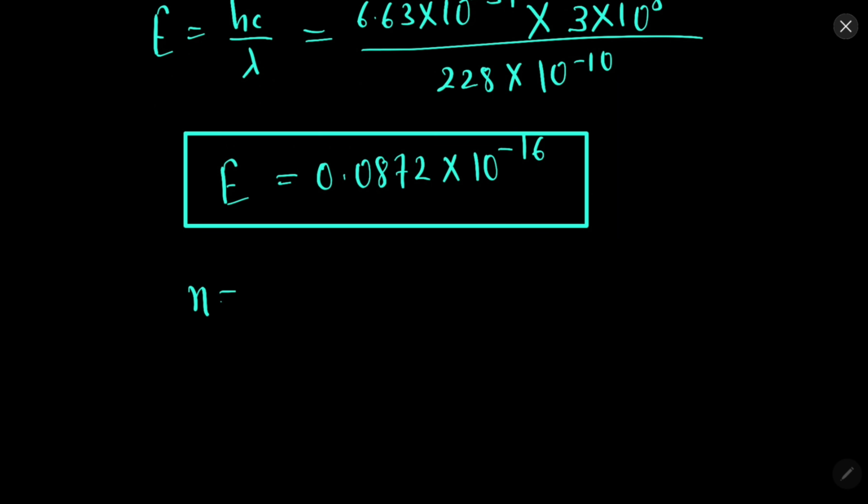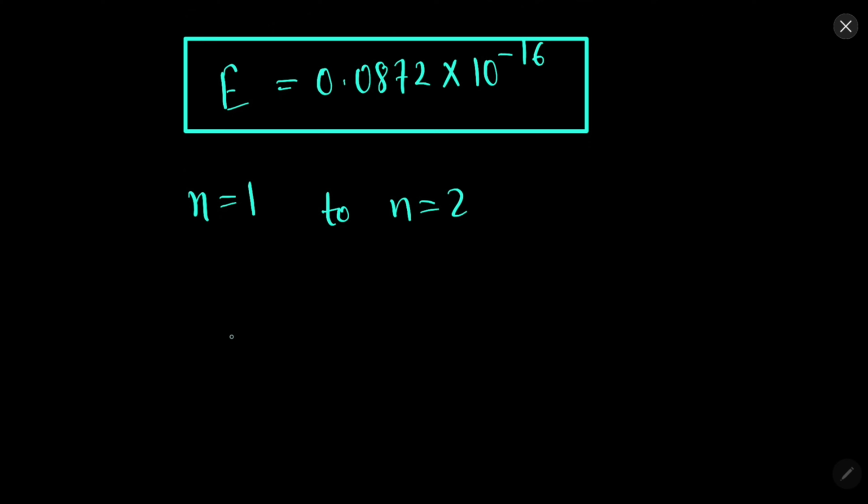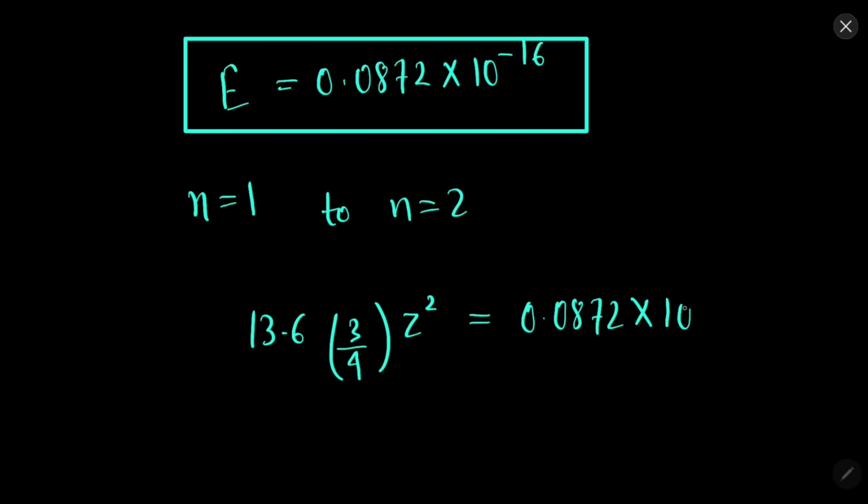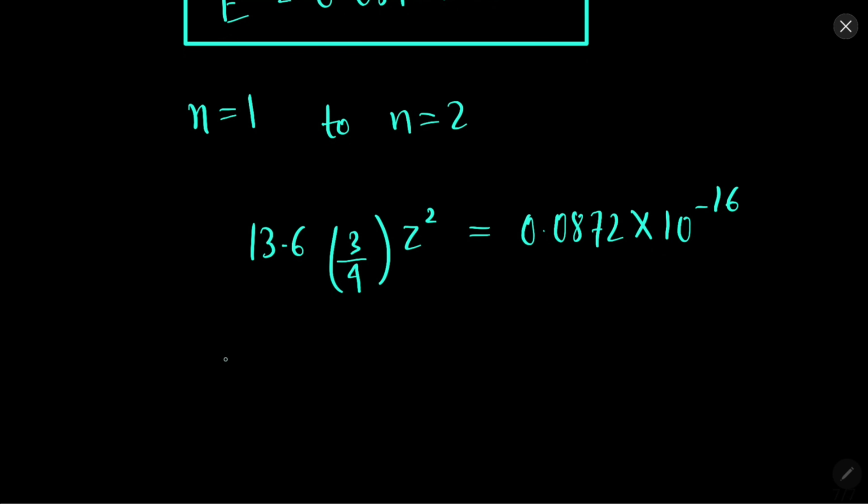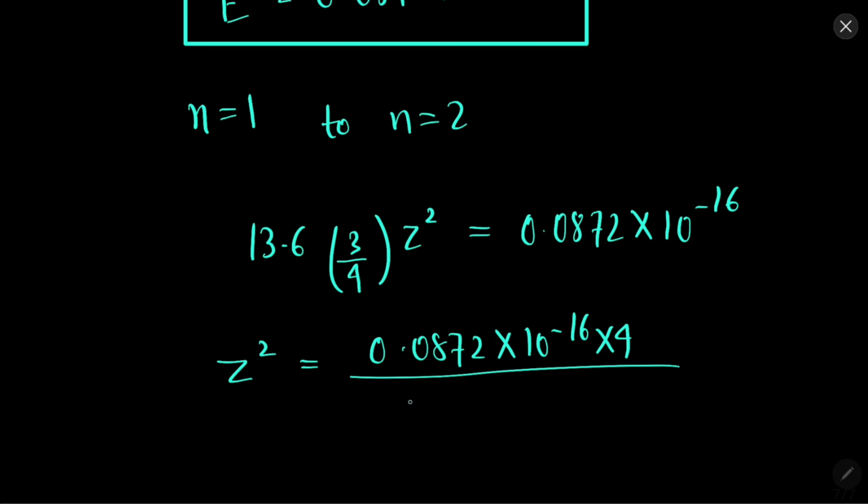Now the transition takes place from n equal to 1 to n equal to 2. So what we will have is 13.6 into 3 by 4 Z square equal to 0.0872 into 10 to the power minus 16. So Z square will be 0.0872 into 10 to the power minus 16 into 4 over 13.6 into 3 into 1.6 into 10 to the power minus 19.